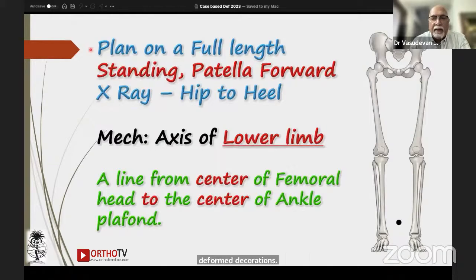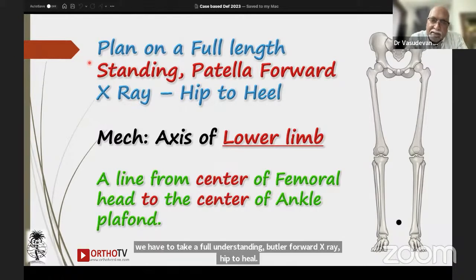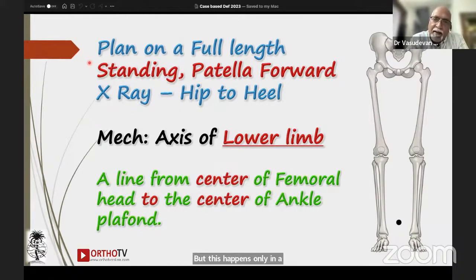So for analysis of any deformity, conventionally we have to take a full length standing, patella forward X-ray, hip to heel. But this happens only in the majority of cases. Some very difficult cases are not able to stand themselves, then you have to modify your system.